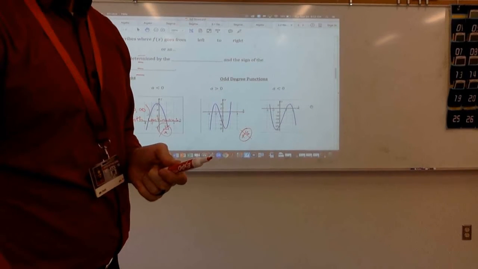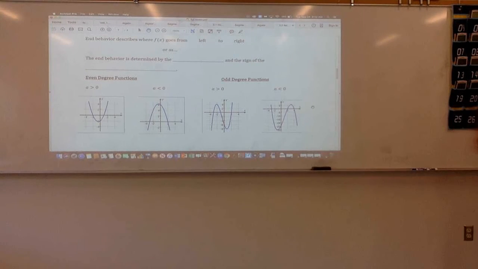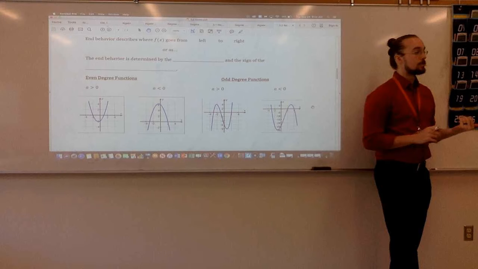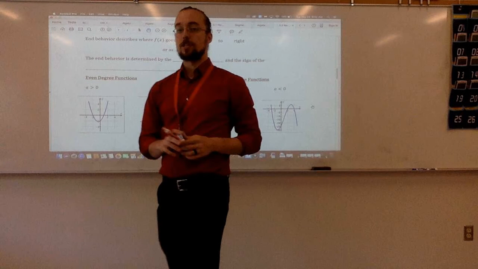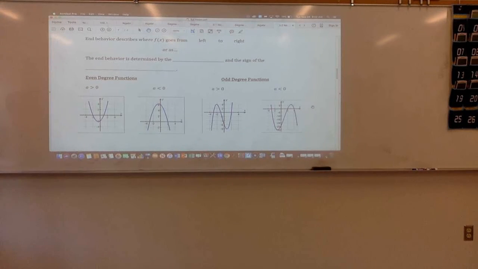So the next item you guys worked on in Algebra 2 and in pre-calc. Right? End behavior just talks about what the graph does really far to the left or really far to the right. Okay? Polynomials can do a whole bunch of crazy things in the middle. But end behavior just says, well, what's going on way over here, way over here.